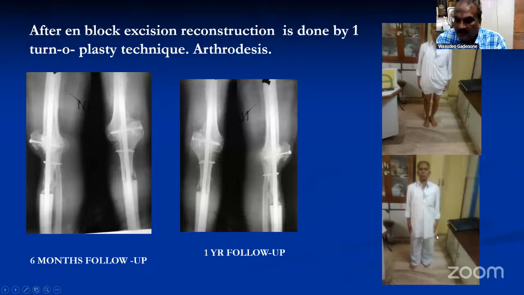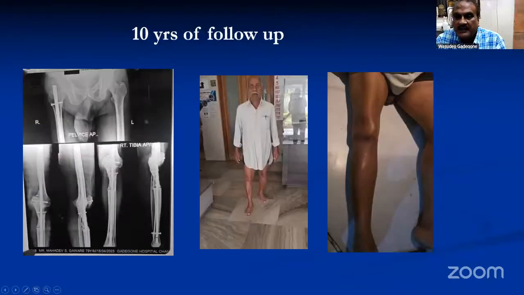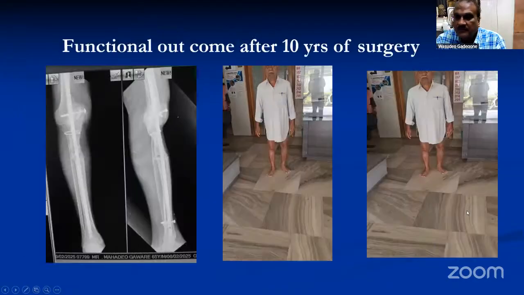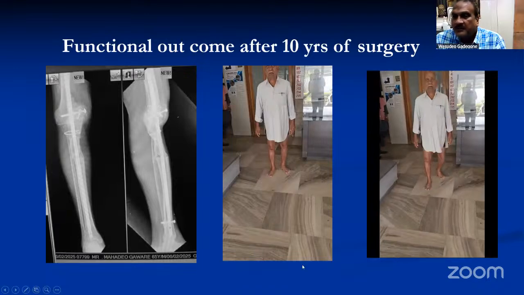Patient is on his leg, 10 years of follow-up. You can see there is a complete incorporation of the bone. Nail is still inside. Recently, he visited me for some different work, and you can see here how the patient is walking. There is no problem.